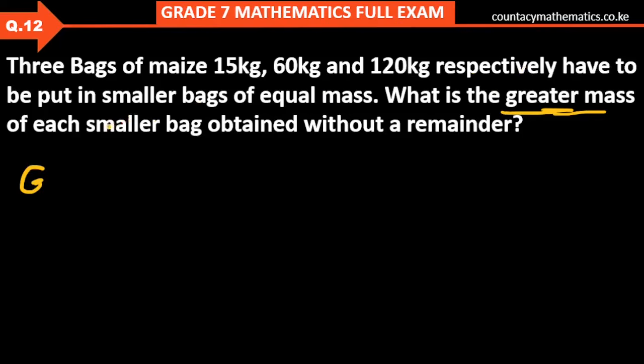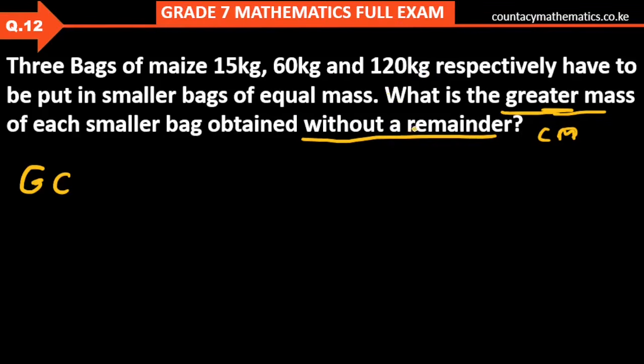Then it goes ahead and tells us of each smaller bag obtained without a remainder, something that is not leaving a remainder. It must be a common multiple, and a common multiple, we write it as CM, or rather common multiple, like that. So what the question is wanting us to find is a number that can divide these numbers without leaving a remainder.